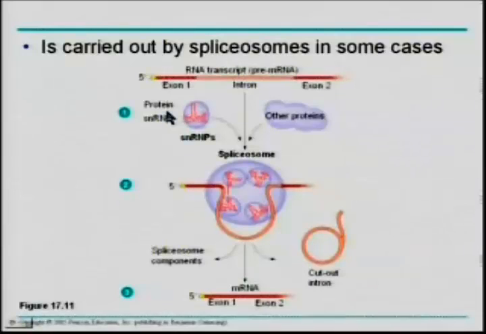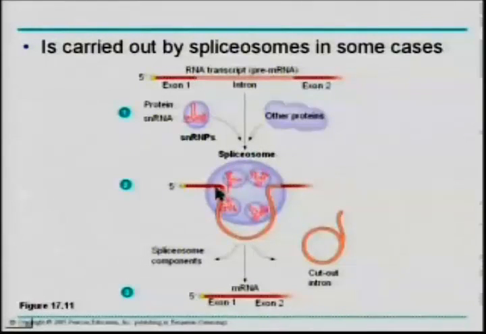There are small nuclear RNAs with proteins, called snRNPs, and we see it is a small RNA, stays in the nucleus, and it's associated with the protein. And there are other proteins as well that interact with the ends of the junctions of the introns and exons to form what's called a spliceosome.